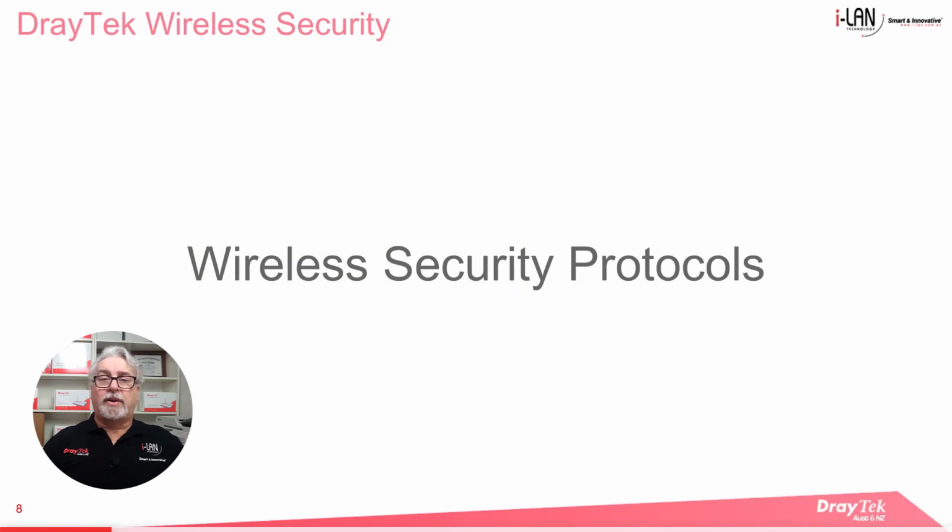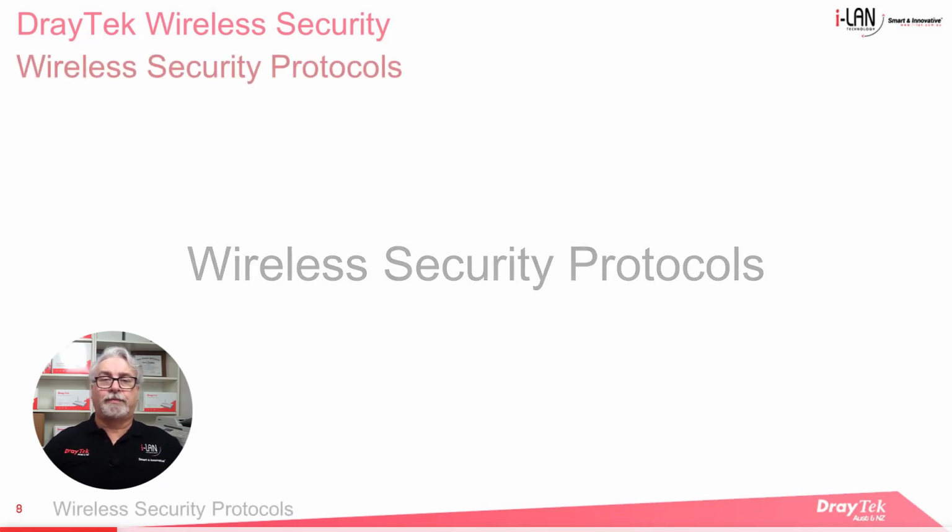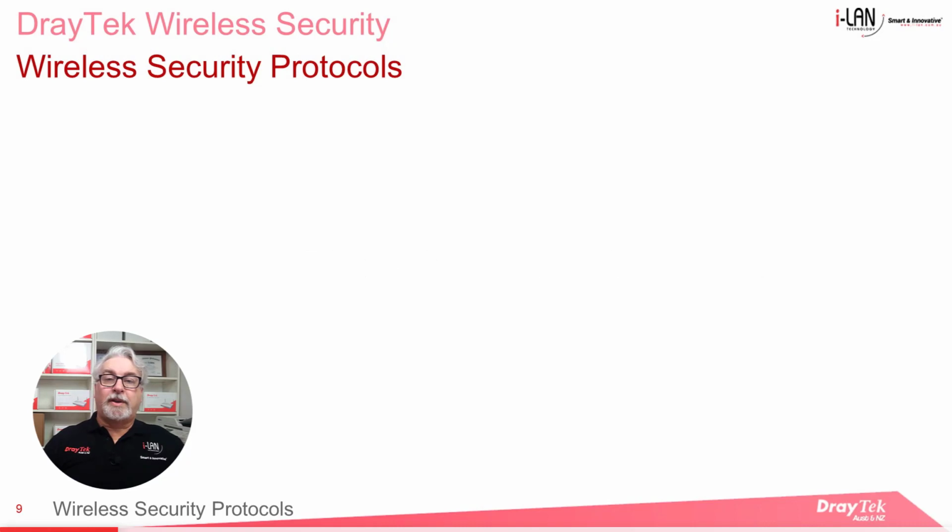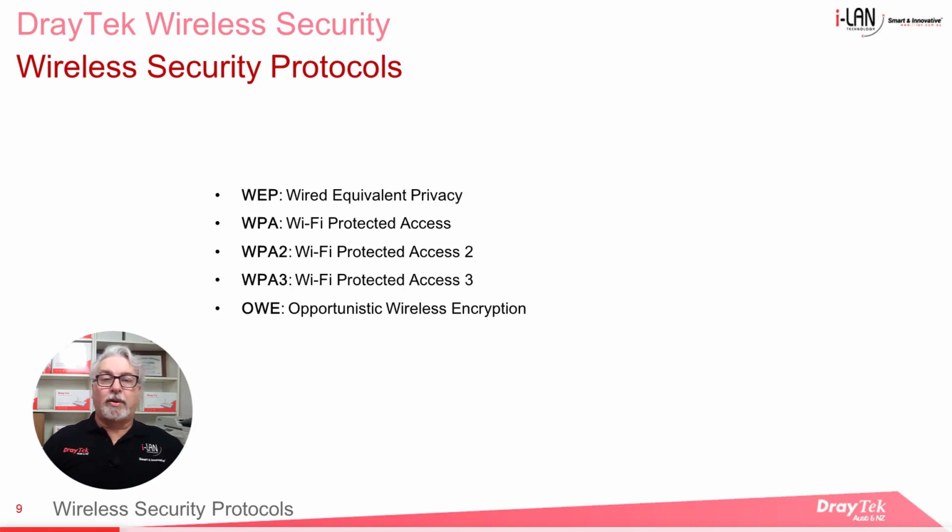Now that we've had a quick look at some wireless security basics, let's go a bit deeper and look at the different wireless security protocols that are available in DrayTek routers. There's 5 types of wireless security protocols now available. WEP is the oldest and is the least secure. Later WPA protocols are more secure, but the early version of WPA also had security issues, so this was replaced by WPA2.